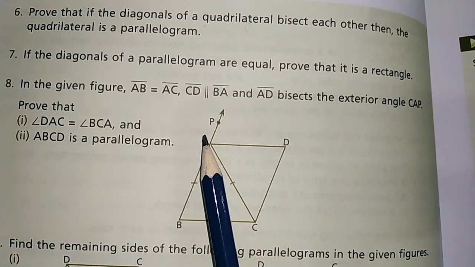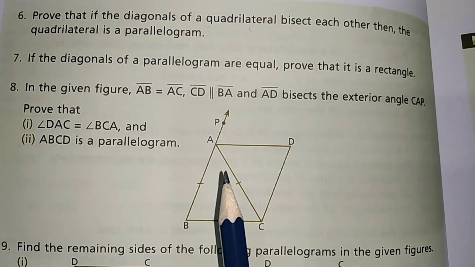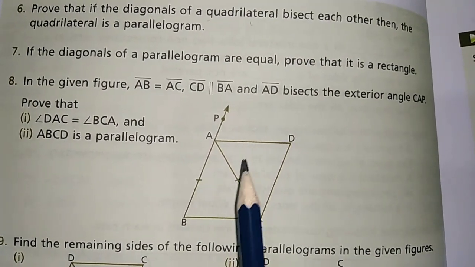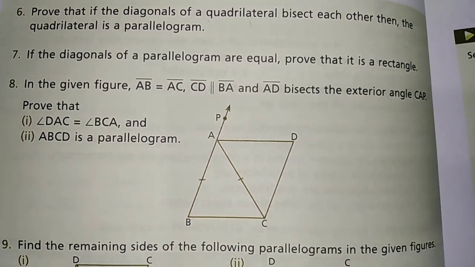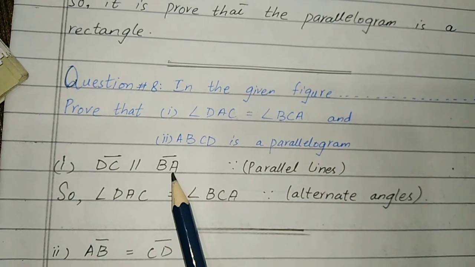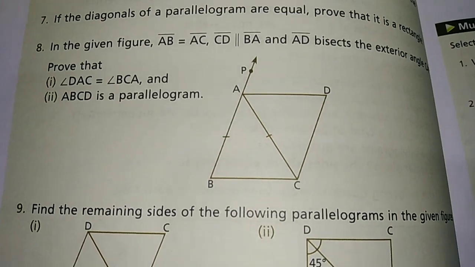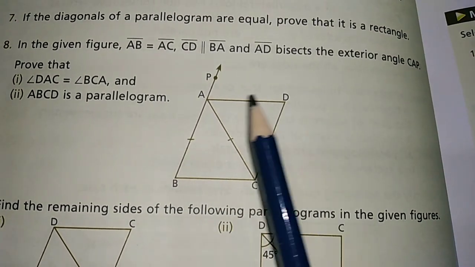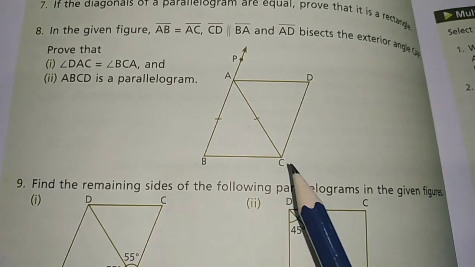Now we have to prove that angle DAC, the angle at A, is equal to angle BCA, the angle at C. As DC is parallel to BA, given in the question, they are equal because they are alternate angles.